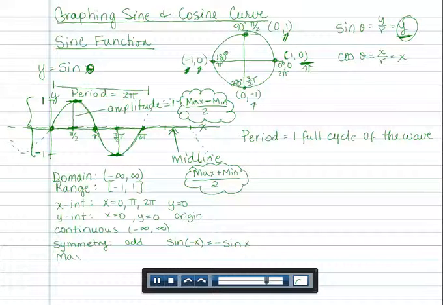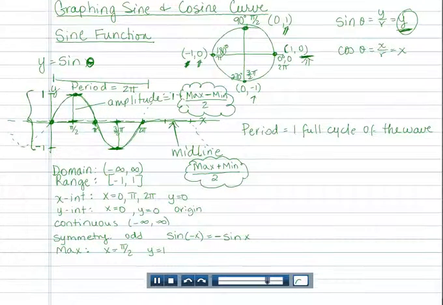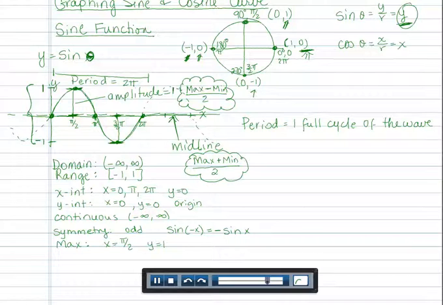Maximums. Where are the maximums going to occur? The maximums occur when x is equal to pi halves. That's where y equals 1. And of course this happens every 2 pi. Minimum. Now we're only focusing on the values within one period. The minimum is going to be when x equals 3 halves pi. Y equals negative 1.